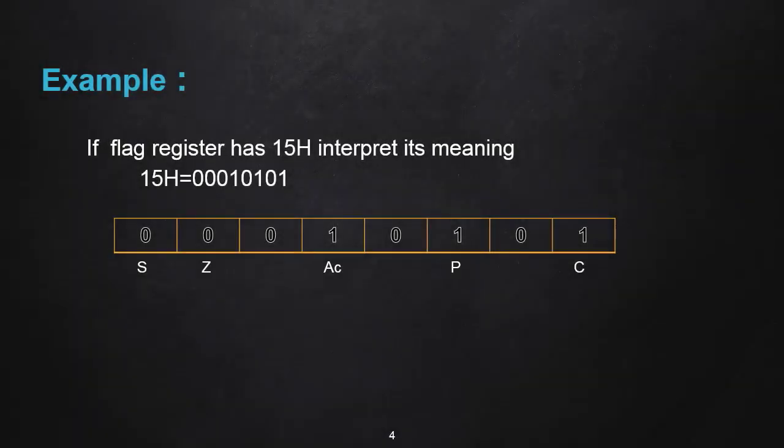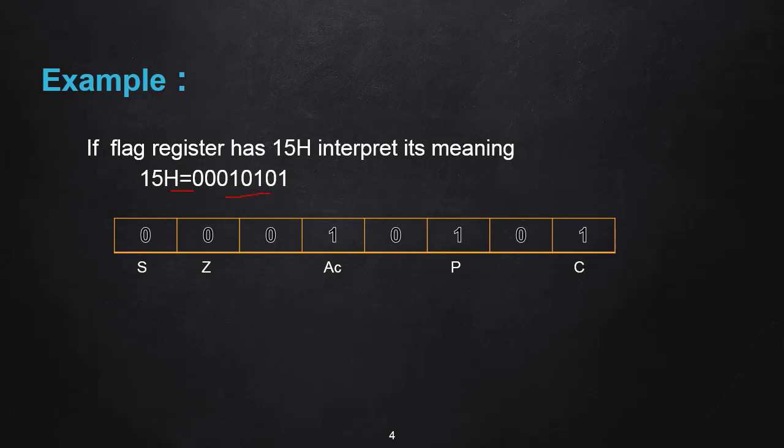Now see the example. If the flag register has 15H, then interpret its meaning. Then we have to convert 15H into a binary number. Firstly, we have to convert 1 into binary. 1 is a hexadecimal number and its binary equivalent is 0001.